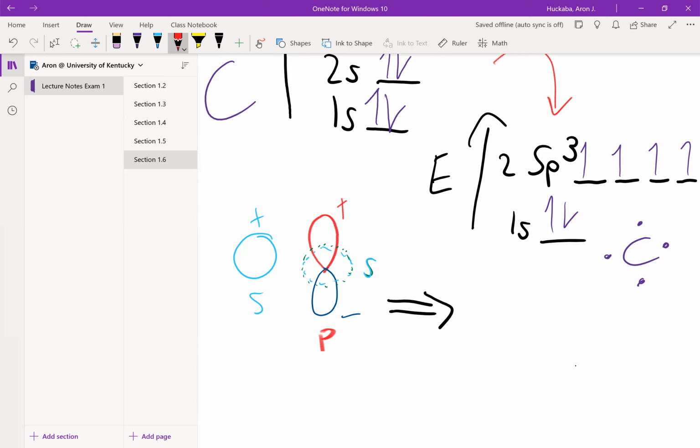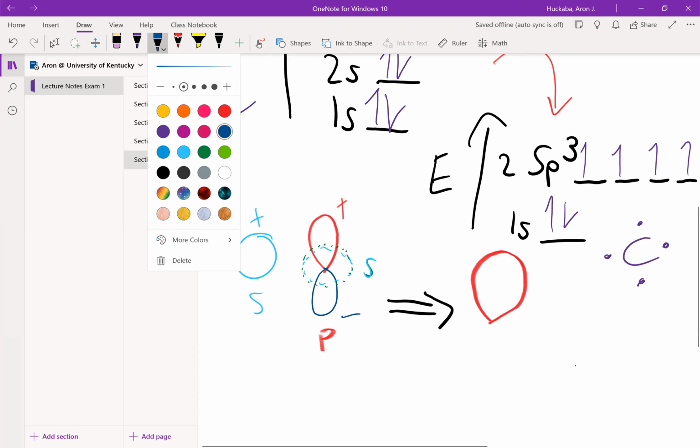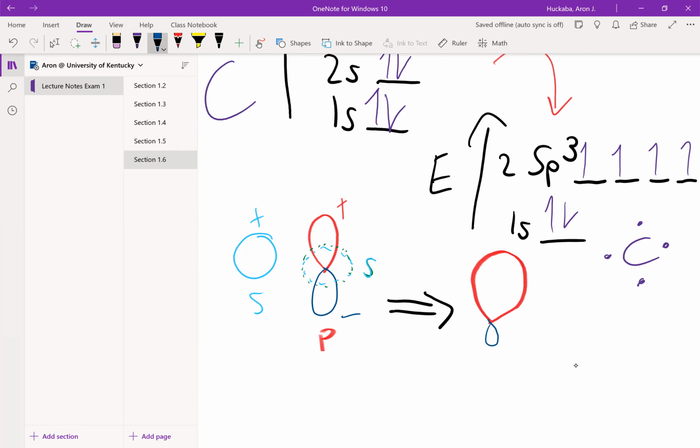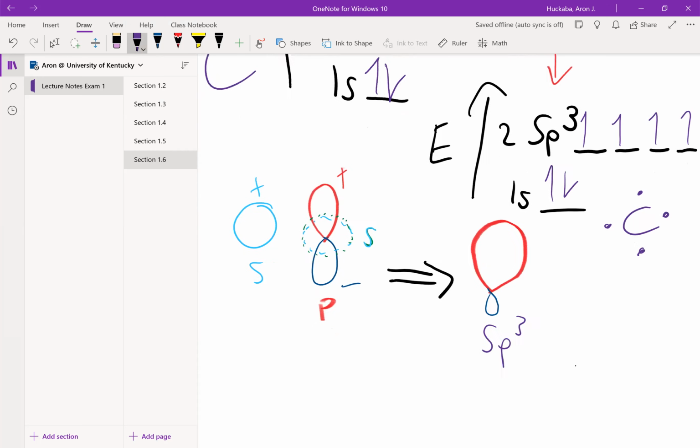So that means when we do mix these two together, the orbital we get looks really weird because one side is big due to mixing with the s orbital, and the other side is really small due to destructive mixing with the p orbital. And you have 4 of these because we just made 4. So now this is the sp3 orbital.